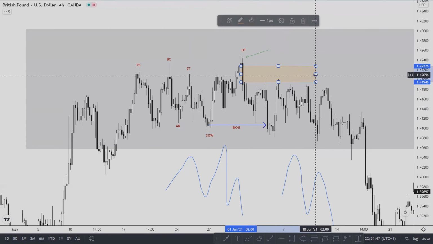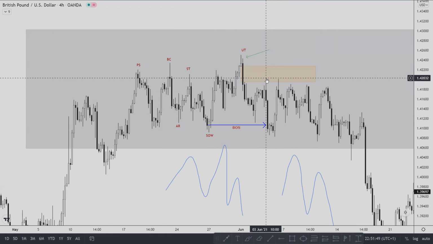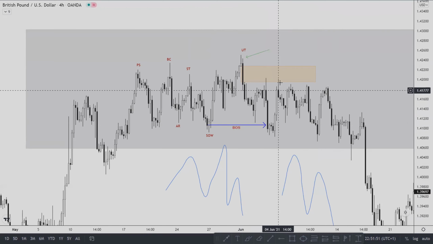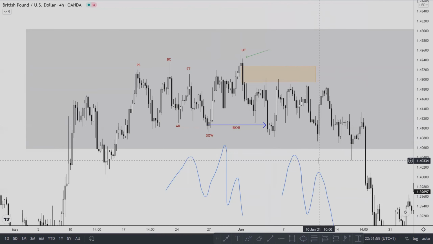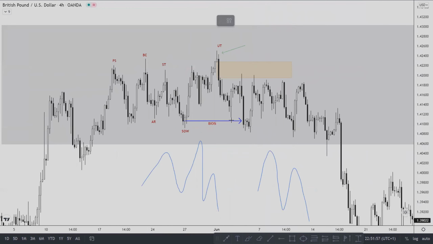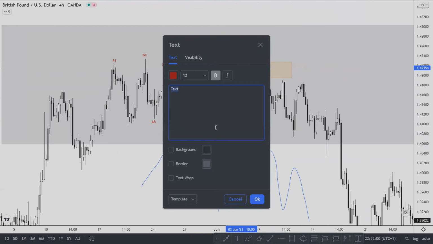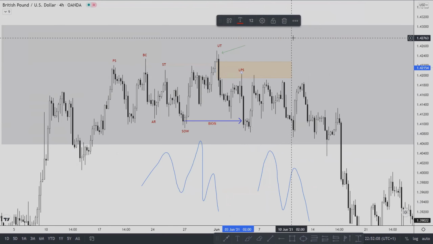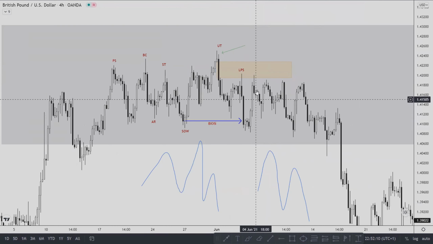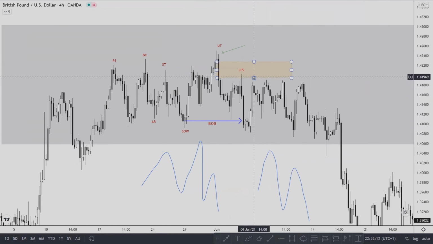Price came up to that area, retraced into it nicely, played some price action, and then we sold off. So now this will be, I believe, this point here will be the LPS or LPSY. I just generally use LPS. And then price came here again.